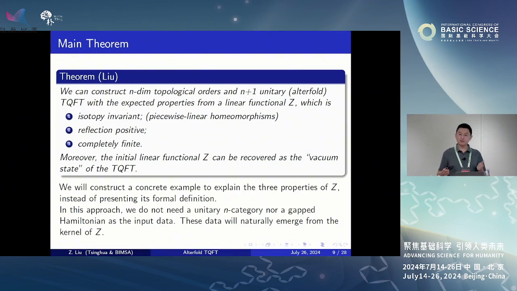And the third one is complete finiteness. For example, when we fix the boundary of the disk, we can take arbitrary shapes of the disk. The vector space certainly blows up to infinite dimensional if we take all possibilities. But since we have this inner product, this will have a very big kernel. And after we take the quotient of the kernel, we require this vector space to be finite dimensional.